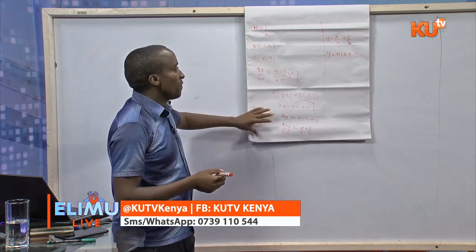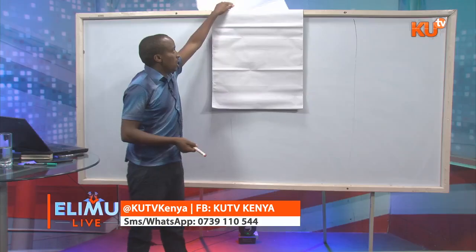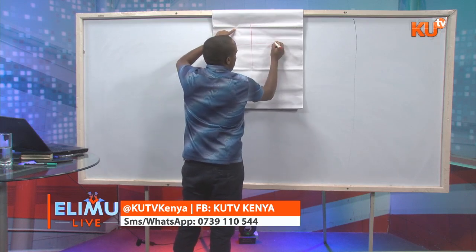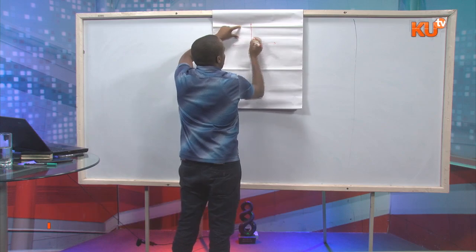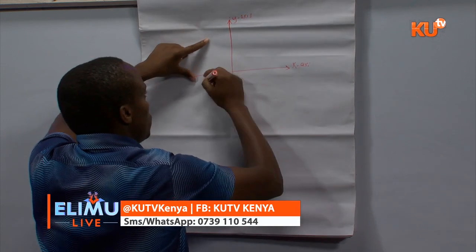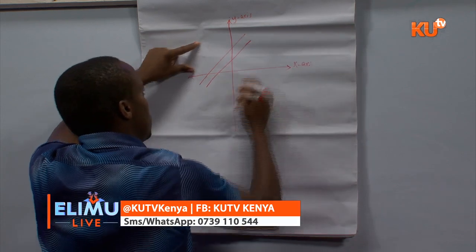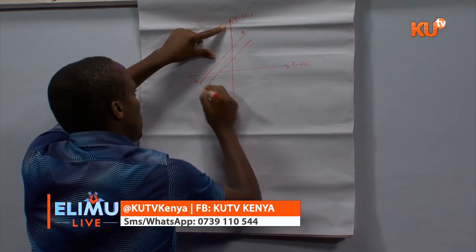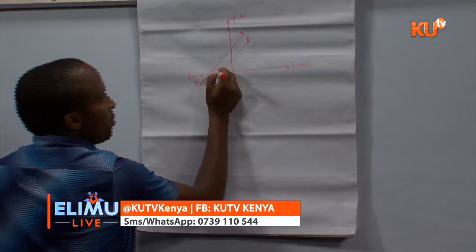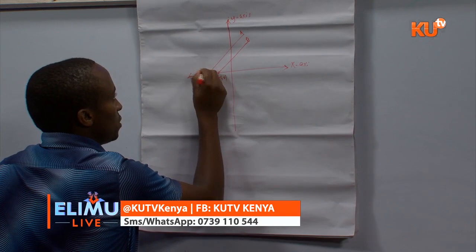Having known that, let's go to our final concept of this topic. Given that we have two lines in the Cartesian plane, the y axis and x axis, we are given these two lines here, line AB and line C. Assume this is point -1, 0, and then -2, 0.